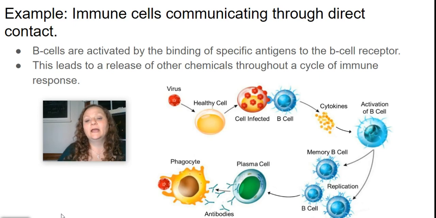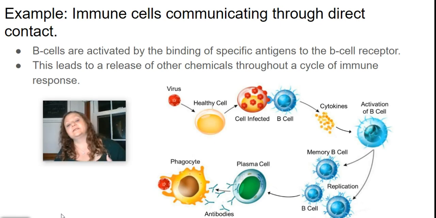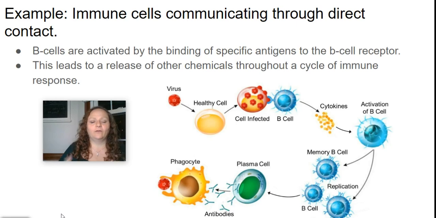The B cell is actually going to bind to that, and it's going to recognize that that's an invader. It doesn't belong there. This is going to activate the B cell. It's going to lead to a response that actually goes through a whole series of responses within this immune response system that ultimately is going to lead to the body fighting off the infection.